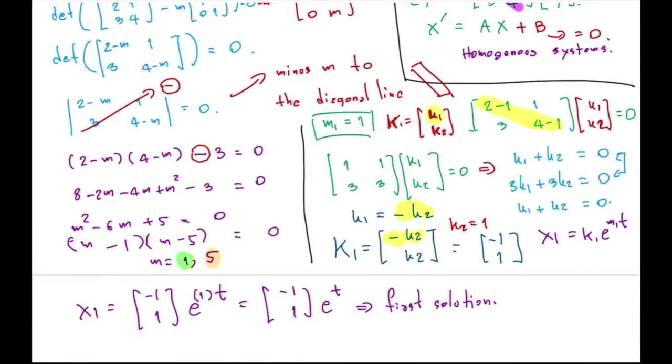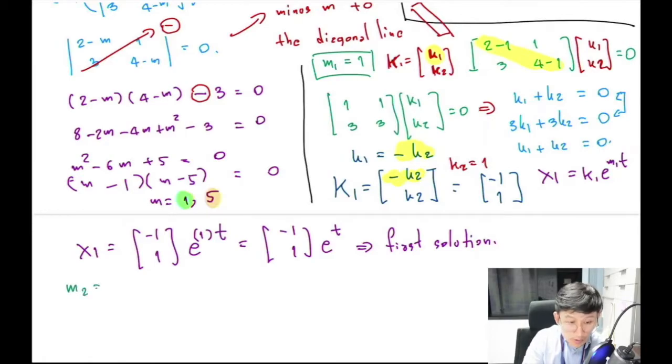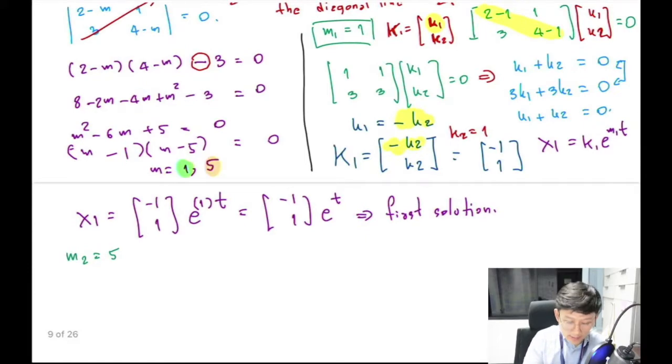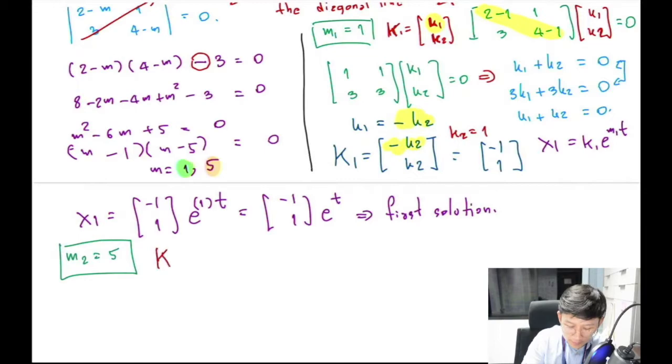Okay, so we take m2 equals 5. In that case, we need to find k2, which let's say has components k1, k2.